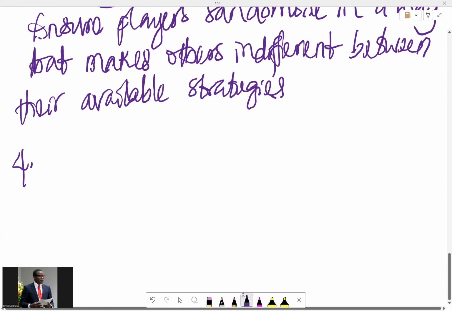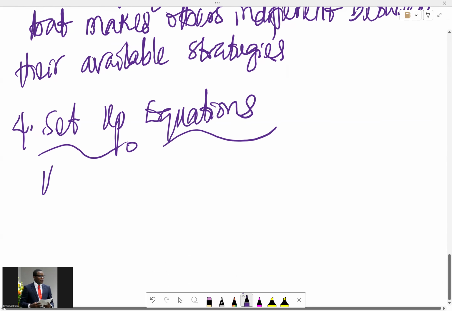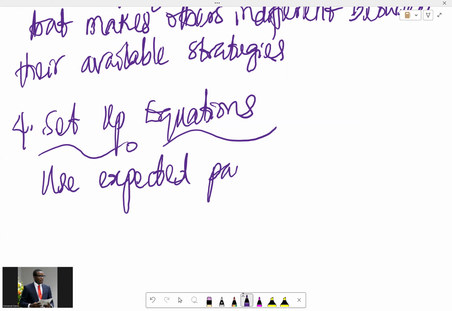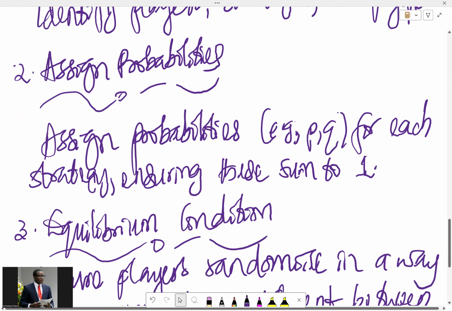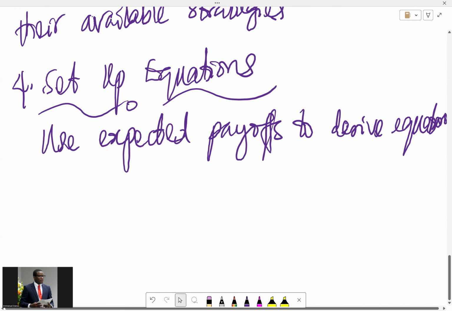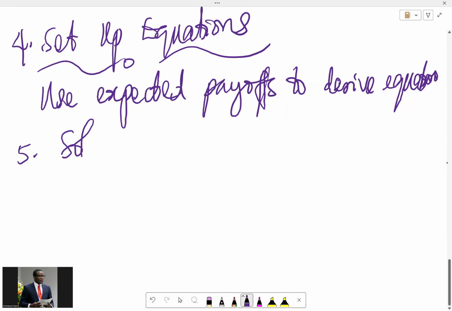Then the fourth point is to set up equations. This one involves equations now. In this case, you use expected payoffs to derive equations. Then fifth, you solve and verify. Solve the equations you have set up and verify.